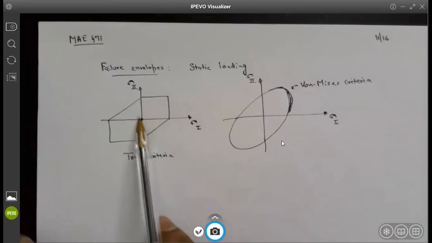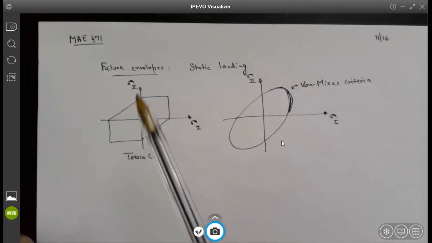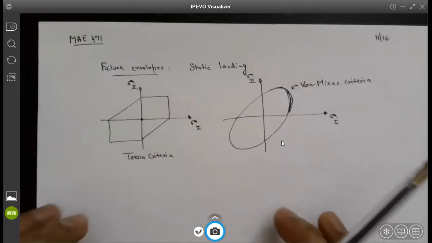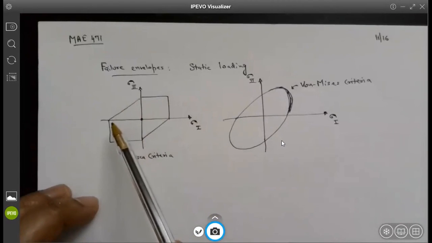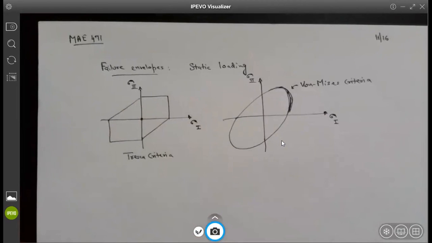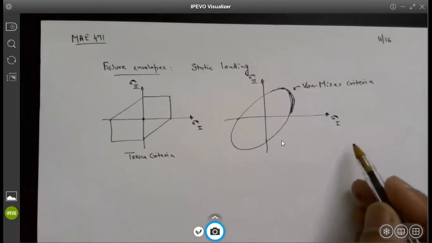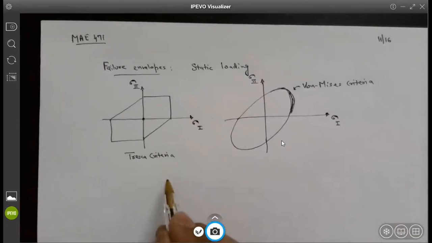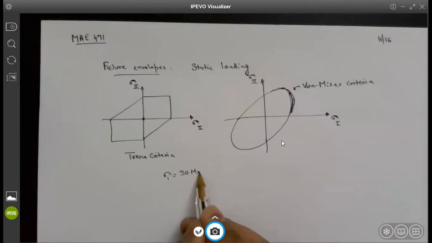It's okay, James. So what we are actually covering in this specific discussion is how the envelopes help us to determine the factor of safety for a specific design situation. So for example, if you have a design situation where the principal stresses are coming out to be sigma 1 is 50 megapascals, sigma 2 is negative 10 megapascals, and sigma 3 is 0 megapascals.